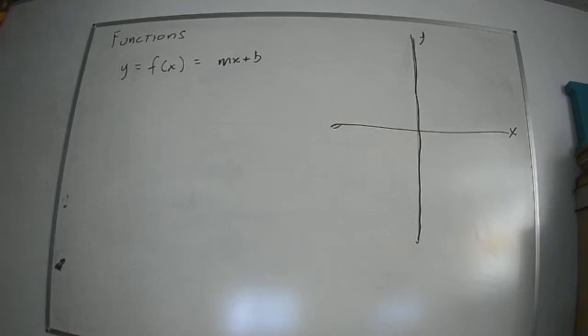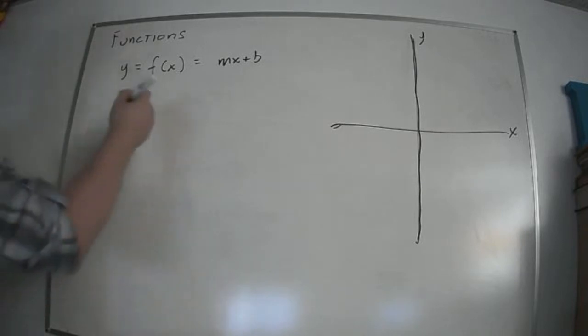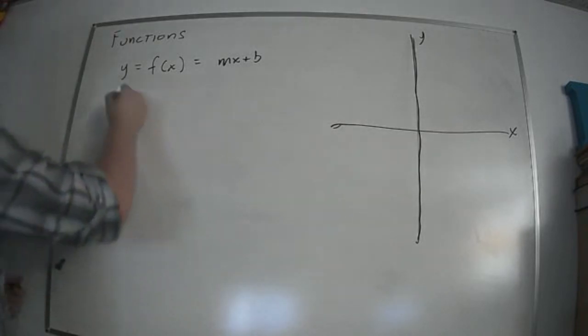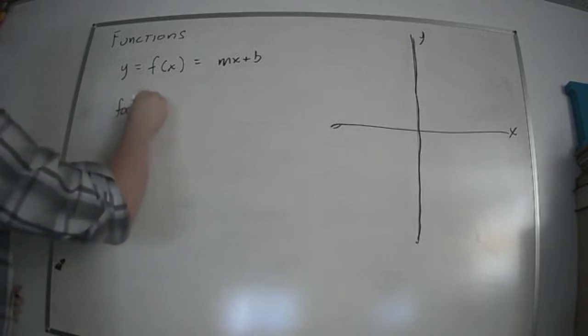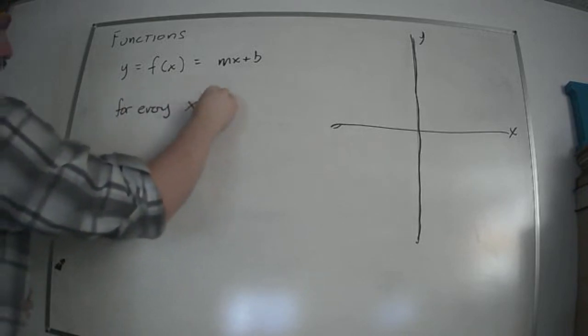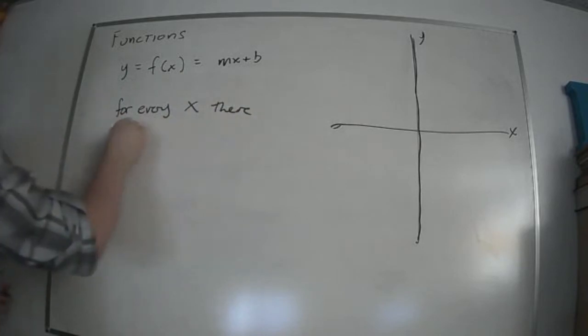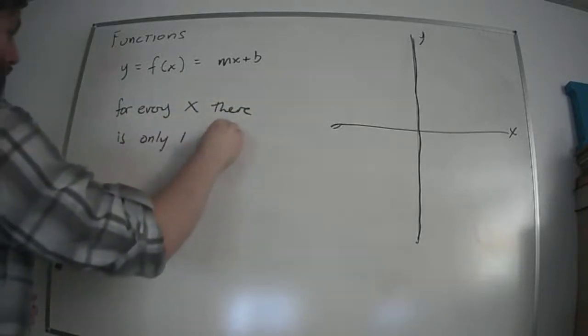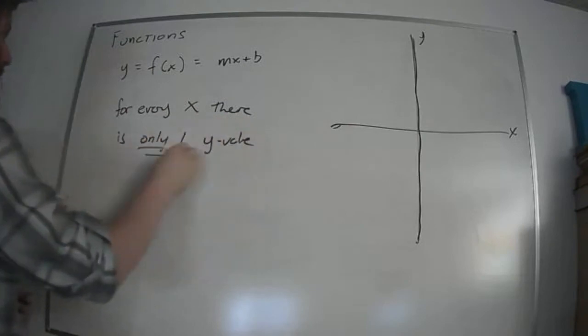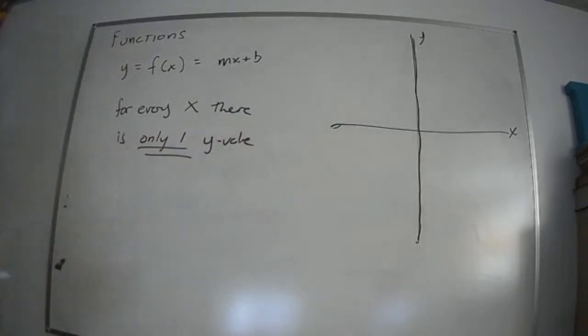Now what does that mean, right? It means that for every x value, there is only one y value.